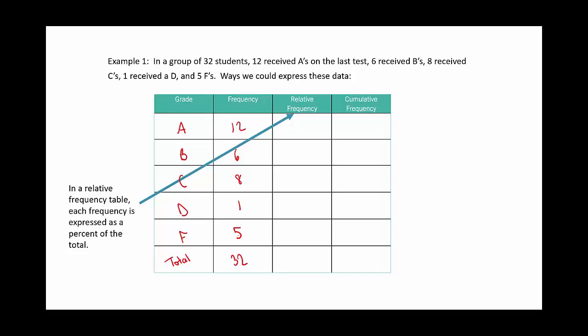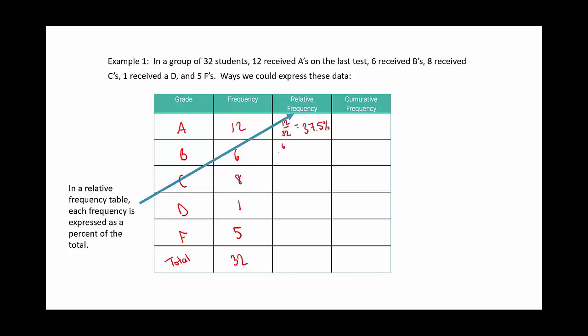Okay, so here we're going to use a calculator, and we're going to do 12 divided by 32 for the relative frequency. We want to convert to a percent, so we're going to take 12 divided by 32 and multiply by 100%, and I get 37.5%. In the next cell, I'm going to look at the frequency of B's.